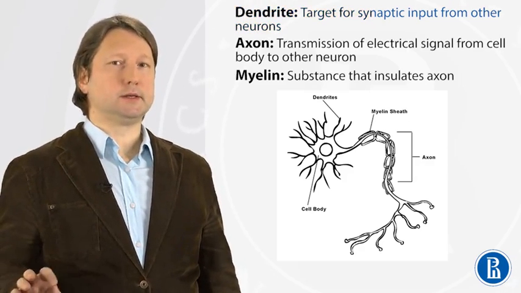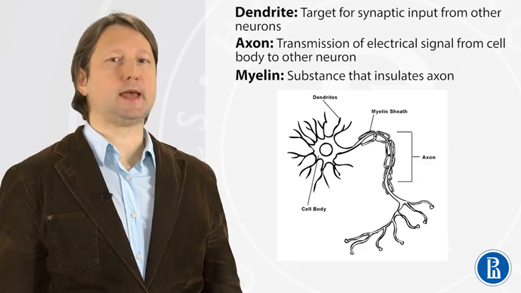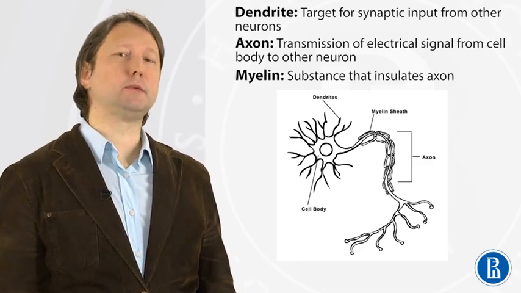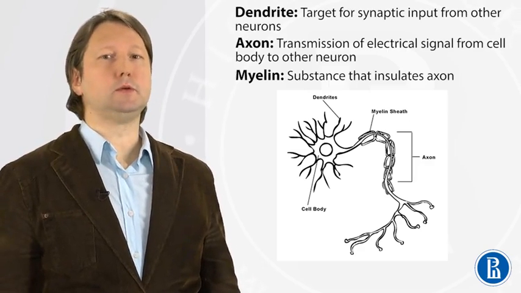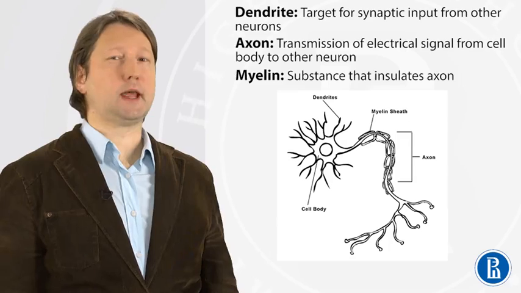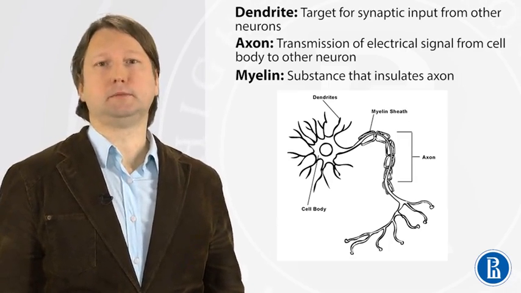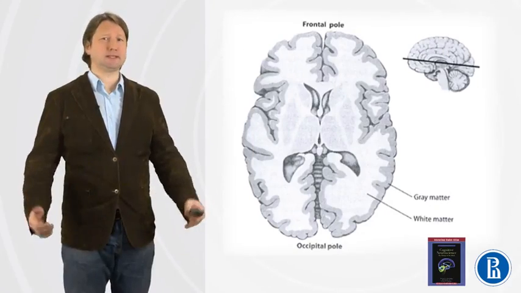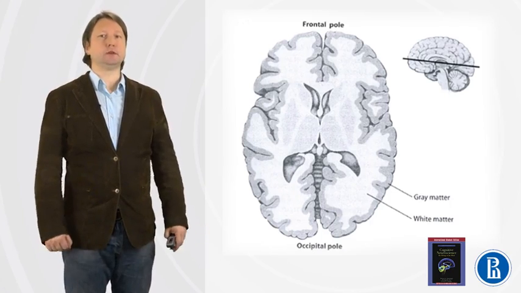The soma, or the cell body, integrates this information and produces the action potential. The action potential propagates along the axon and induces neuromediators into the synaptic cleft and activates the next neuron or, for example, the muscle.